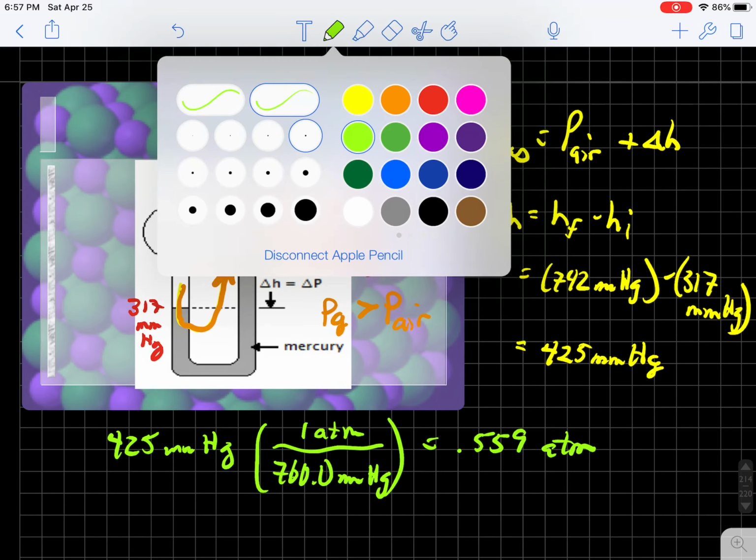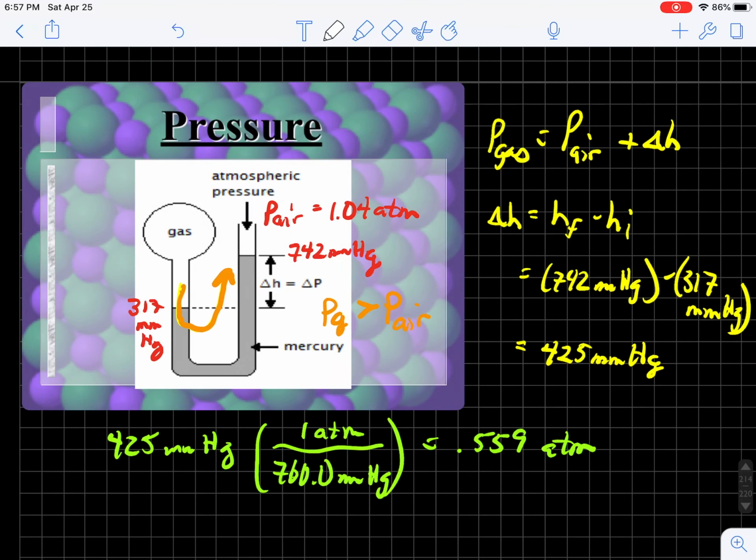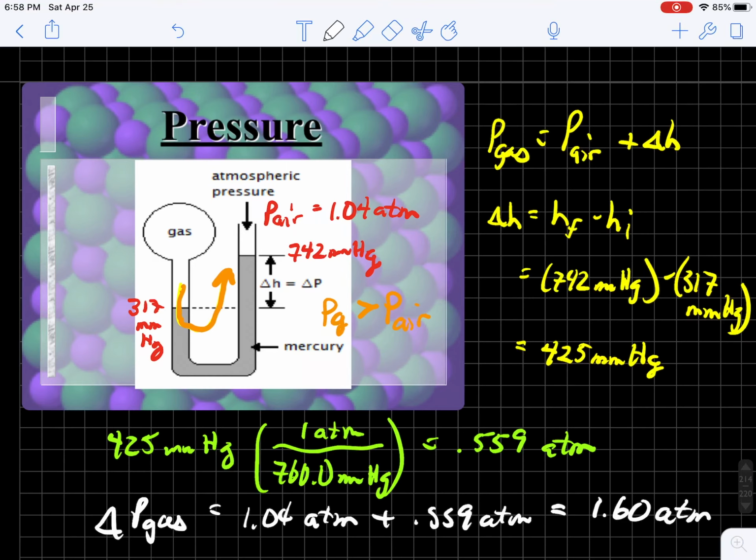All right, so now we just add that together. Pressure of the gas is equal to our air pressure plus our delta H. And that gives me, with the proper sig figs, 1.60 atmospheres for our gas.